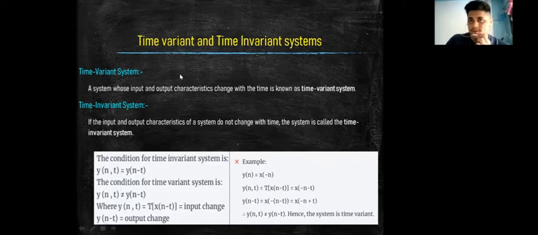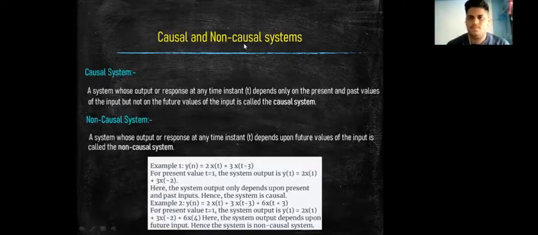Now let's get to the next type, which is causal and non-causal systems. A causal system is a system whose output or response at any time instant t depends only on, and this is important, the present and past values of the input, but not on the future values of the input.